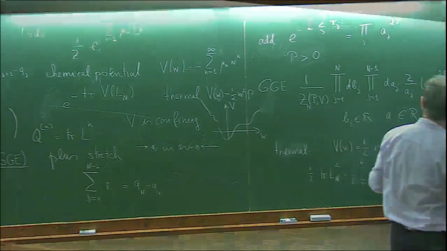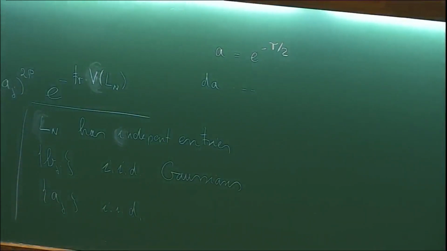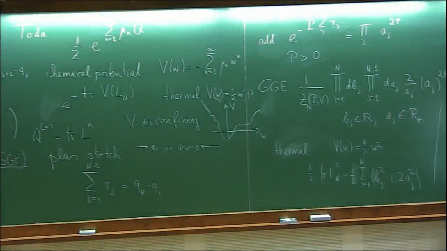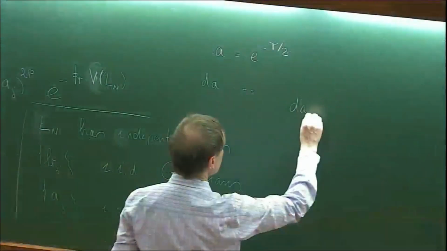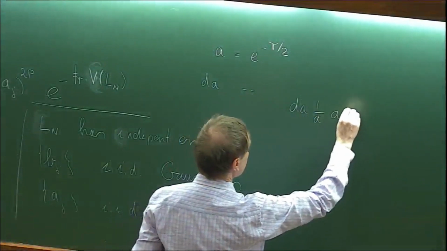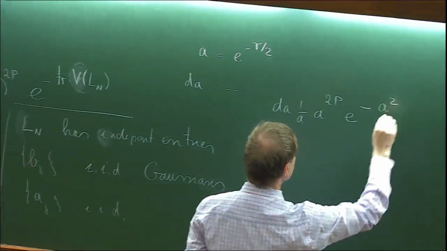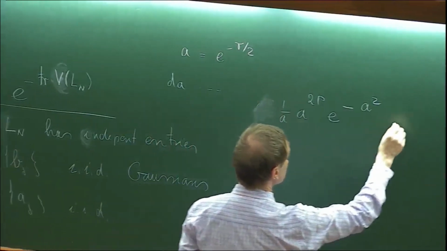And now what is the distribution which you see here? The distribution is dA, 1 over a to the power 2p, and then an e to the minus a squared. So this is the distribution.